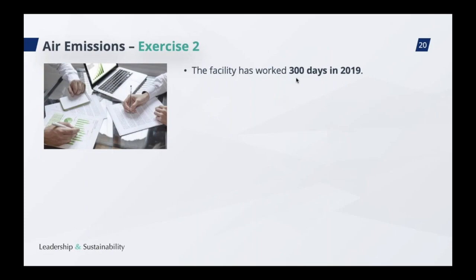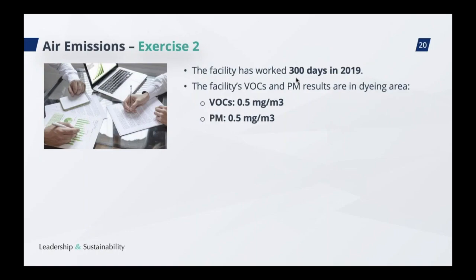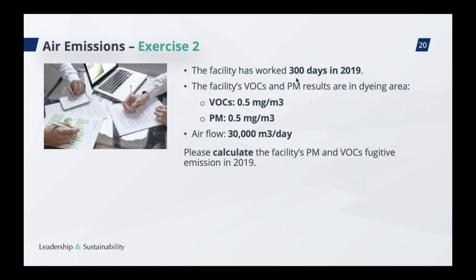The facility's VOC and PM results in the dyeing area: VOC is equal to 0.5 milligram per cubic meter, and particulate matter is equal to 0.5 milligram per cubic meter, and the airflow is 30,000 per day. Please calculate the facility's particulate matter and VOC fugitive emission in 2019.